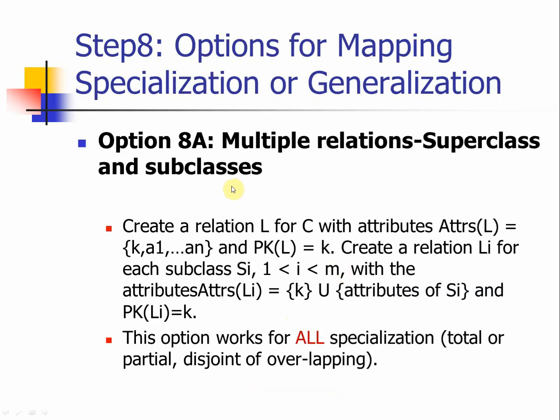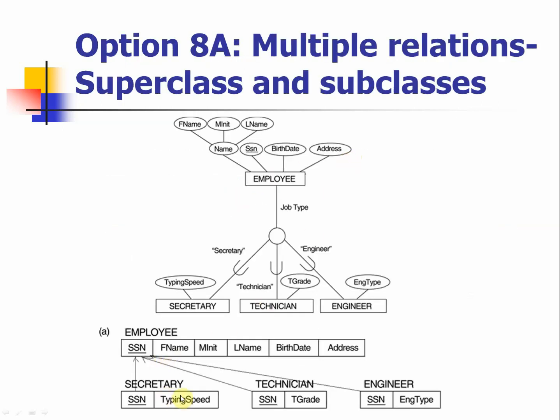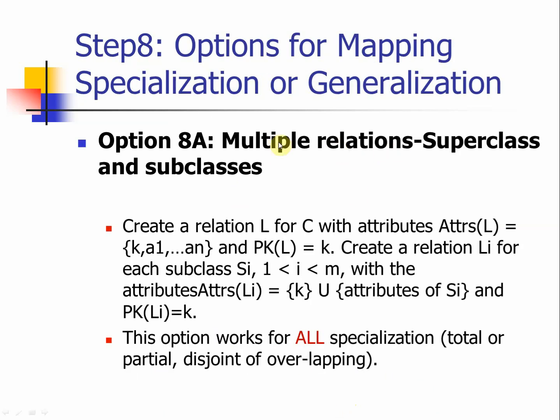So option 8A is going to create multiple relations. You can see that we end up with 1, 2, 3, 4 relations, including the superclass and subclasses. So what you try to do is create a relation L for C with attributes including those in the subclasses, and PK equals K. Create a relation Li for each subclass.